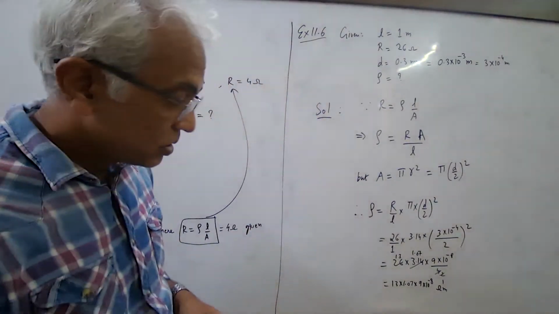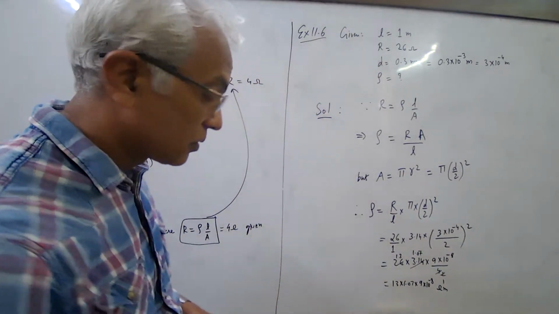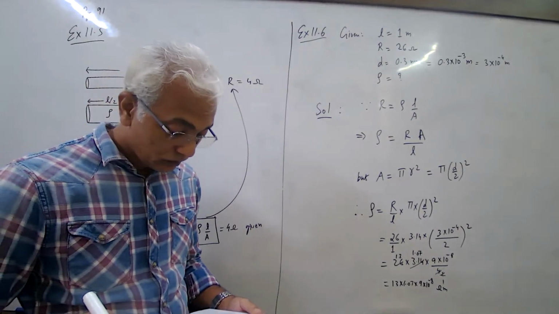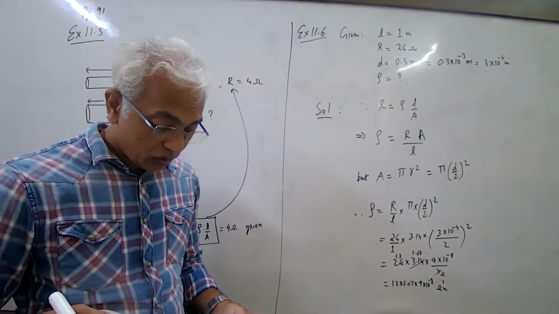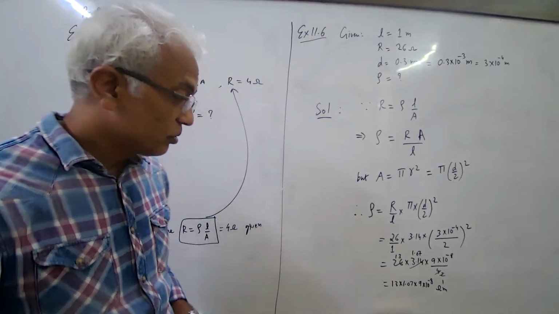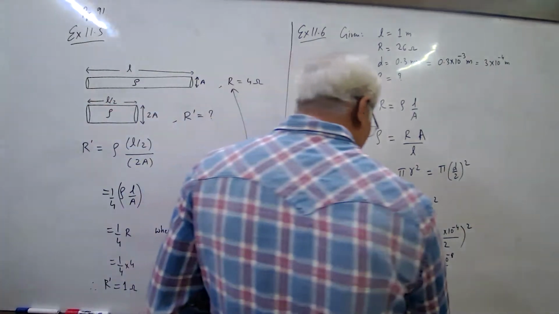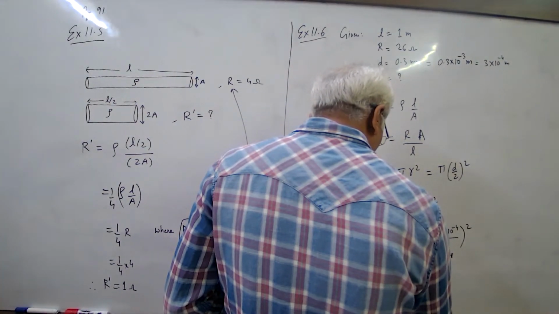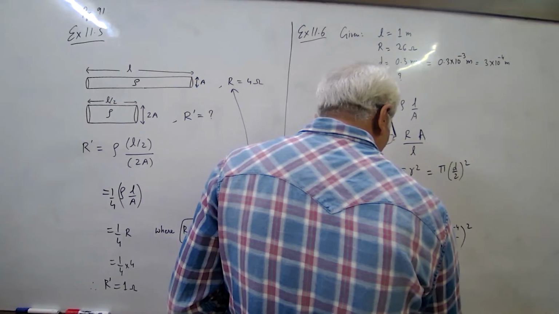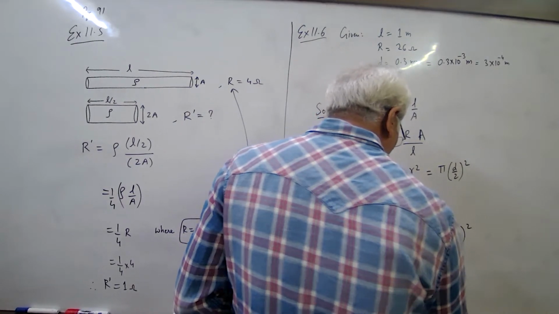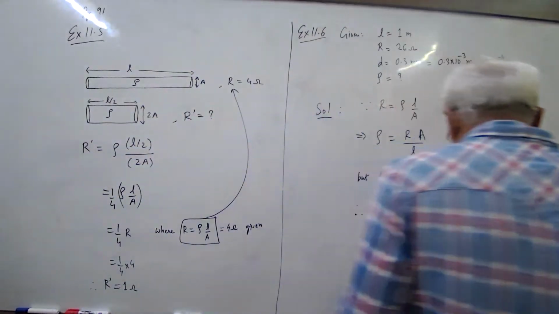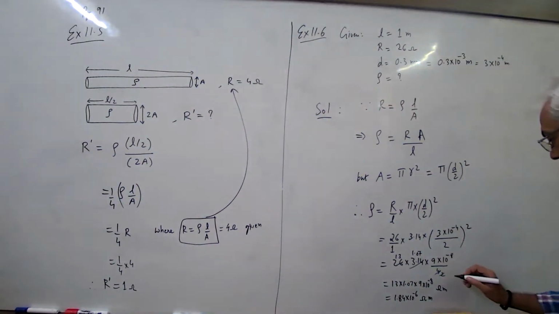When you solve this, you will get 1.84 into 10 raised to minus 6 ohm meter. So this is the resistivity of manganese.